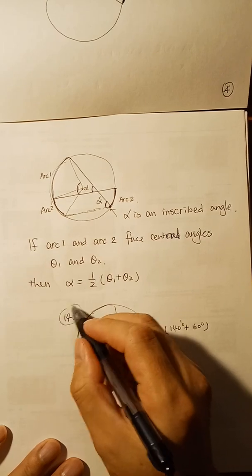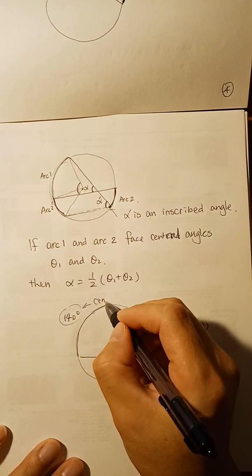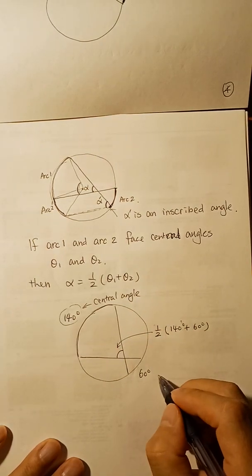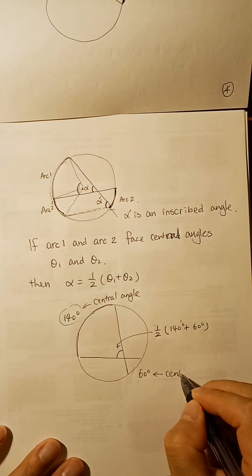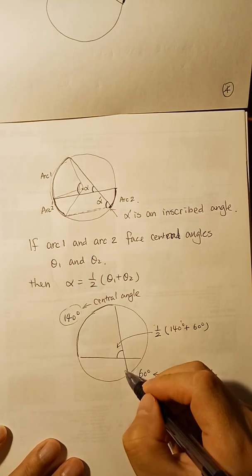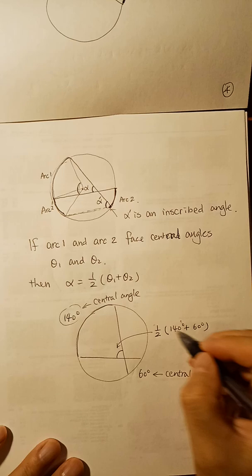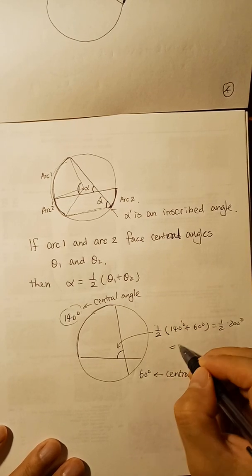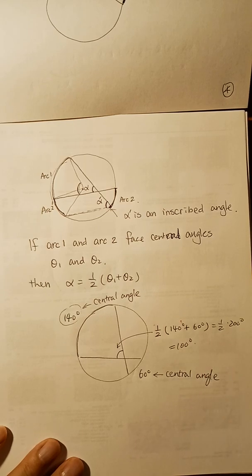This must be the central angle, like you find the center and form it. So it is 1/2 times 200 degrees. It's 100 degrees. It's not that precise, but we just demonstrate.